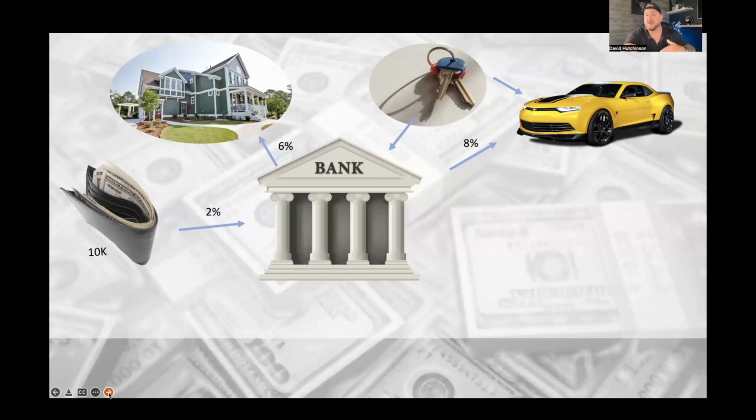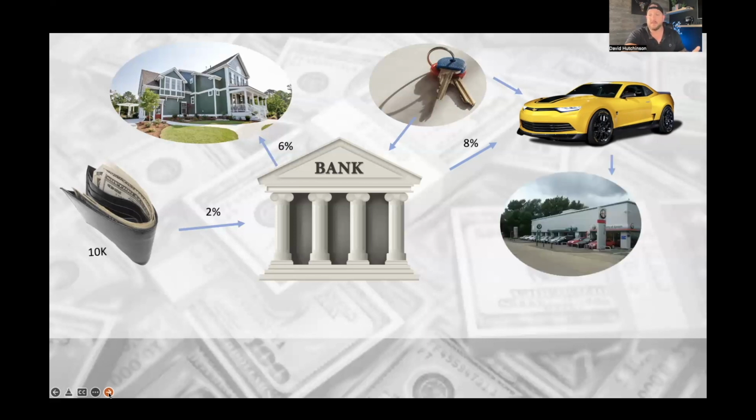You then have those keys. You decide you want to trade that car up. You take it to the dealership. The dealership profits off of you giving them that car on that trade. You finance something, whether it's self-financed through the bank or you go through the dealership, which is never a great idea. But either way, the bank is still the one ending up with the funds, whether you're buying or selling a car.